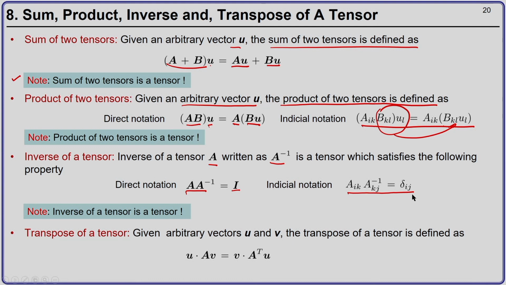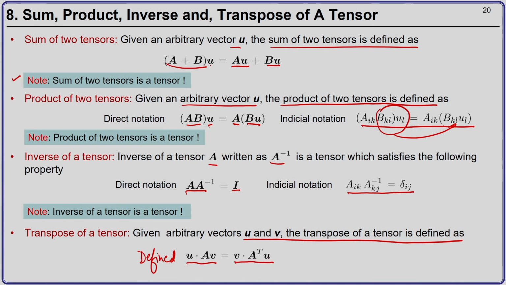Now, another important concept is the transpose of a tensor. Given arbitrary vectors u and v, the transpose of a tensor is defined as follows. Just look closely: you have u dot A v, that is how it is defined. So, u dot A v is v dot A transpose u.